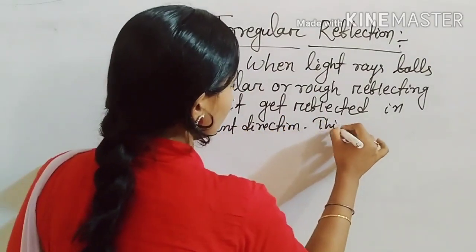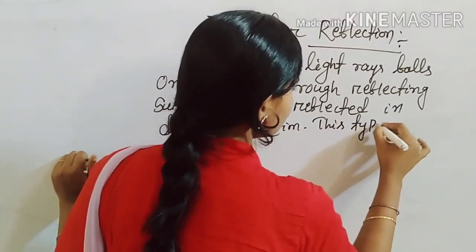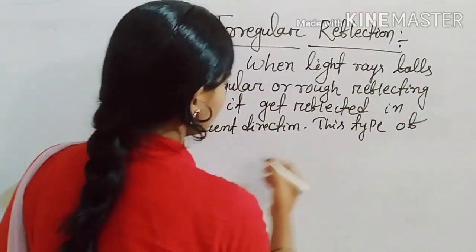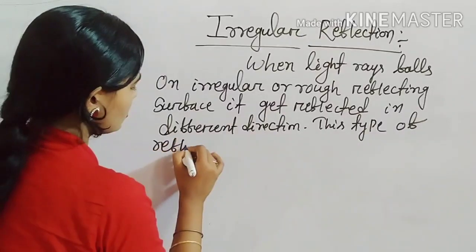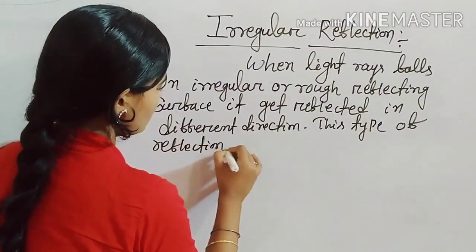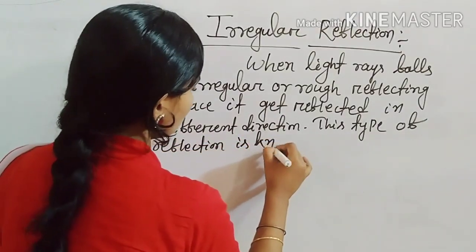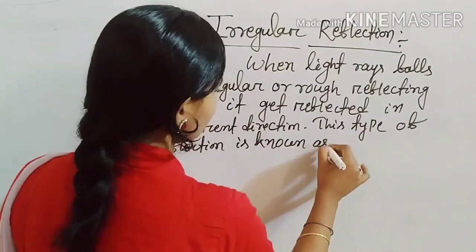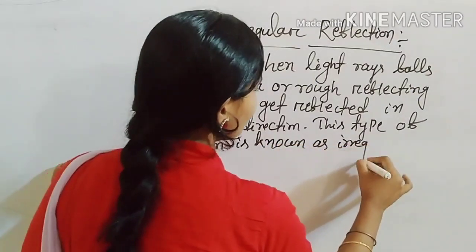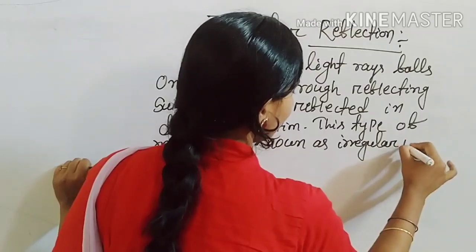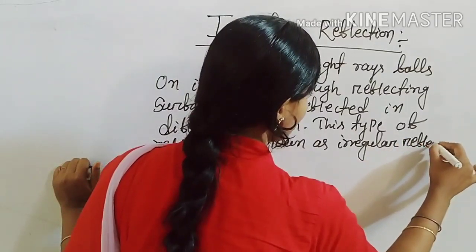This type of reflection is known as irregular reflection.